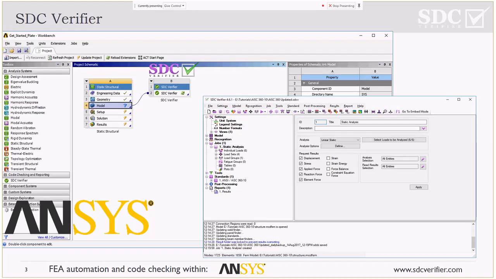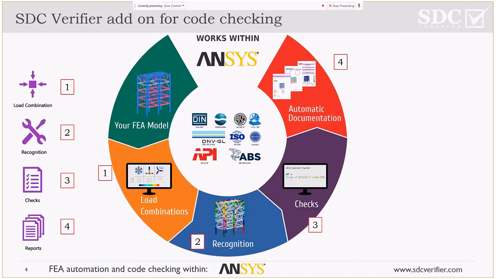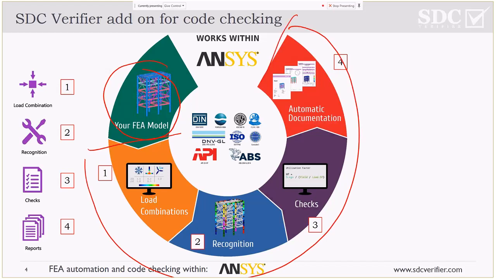What are the extra things that SDC Verifier adds to the Ansys program? I'm going to show you that through this sheet. This sheet will come back a couple of times. Basically, we start with your FEA model in Ansys, and we add these extra things to the working platform, and all these things are necessary in order to be able to calculate according to standards.